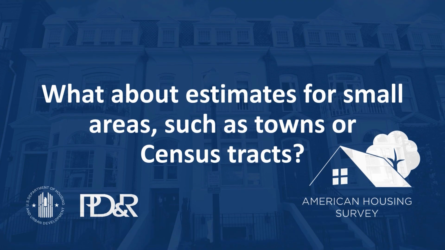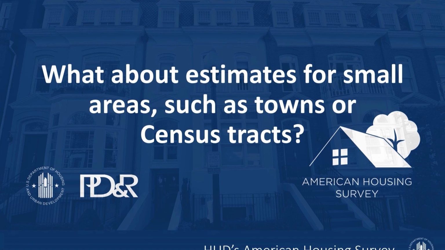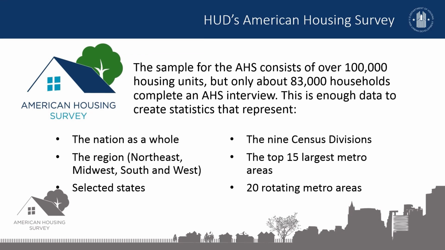Finally, we'll look at how the surveys compare when it comes to estimates for small areas, such as towns or census tracts. The sample for the AHS consists of over 100,000 housing units, but only about 83,000 households complete an AHS interview.